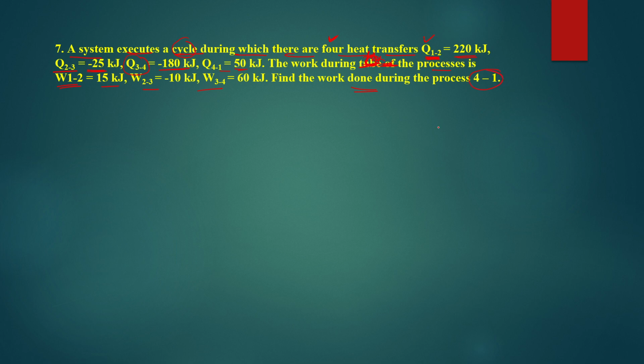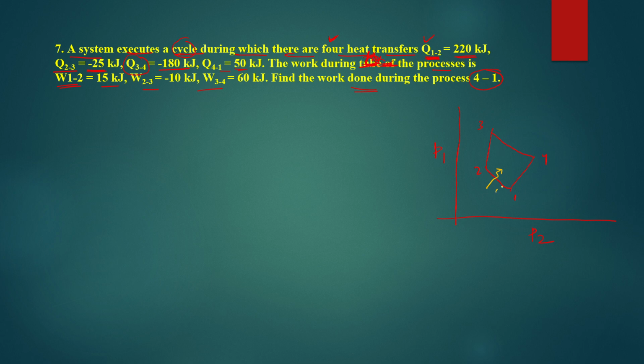So if I try to plot in any property diagram, let this be property 1 and this be property 2. There are basically 4 processes. I am plotting any random property. Let these be state points 1, 2, 3 and 4. And in each process there are basically some interactions. There is some heat interaction and there is some work interaction.